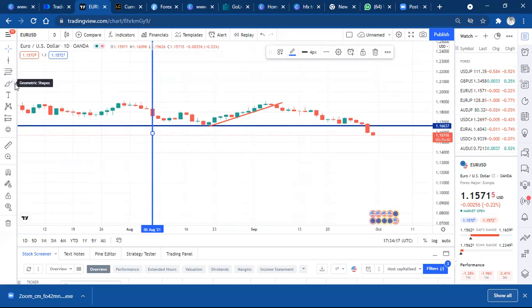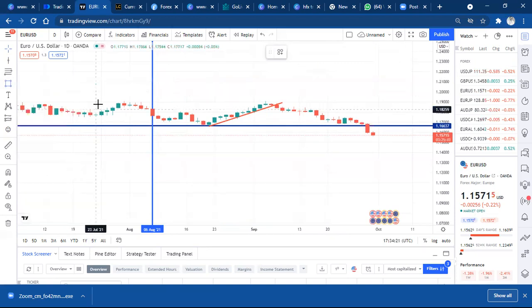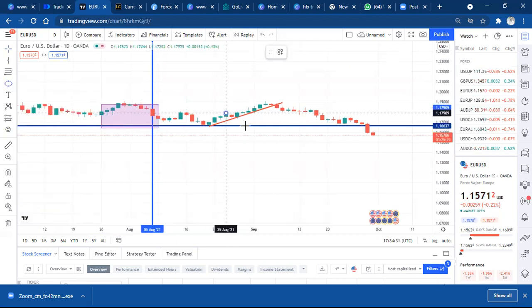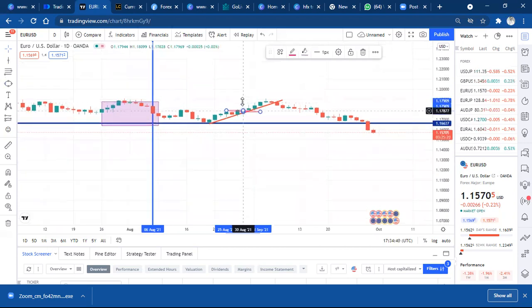You can use a brush, and a brush gives you a lot of tools. You can use a rectangle to draw like this. You can pick another thing here. You can use an ellipse. Can you see that?